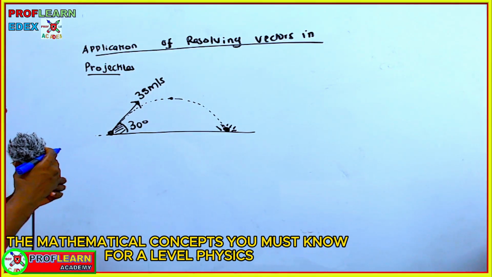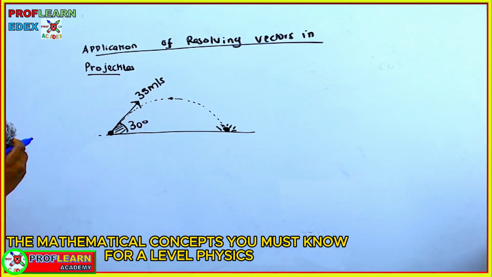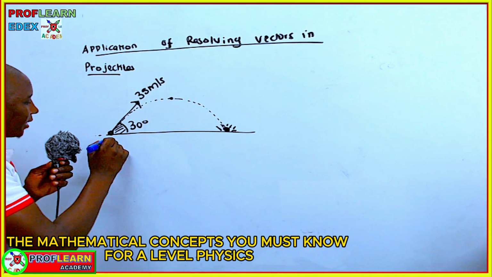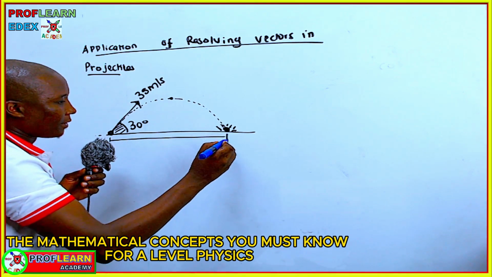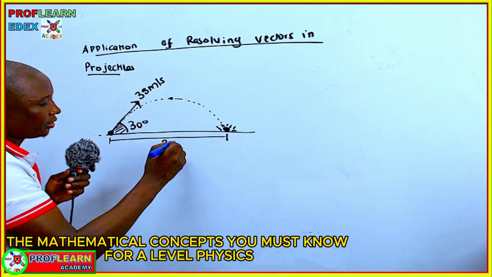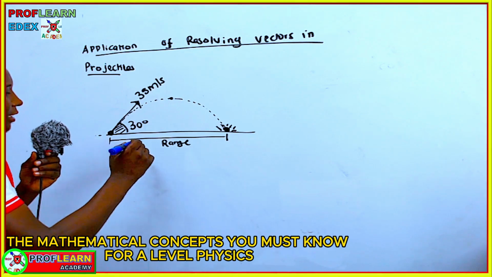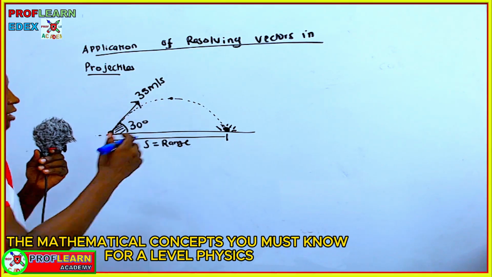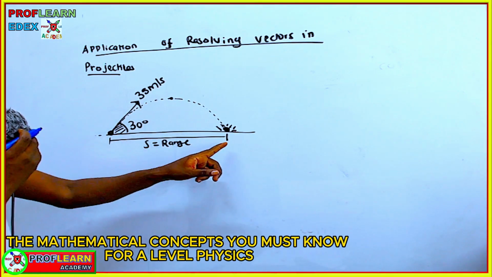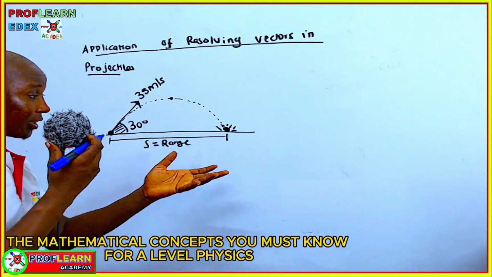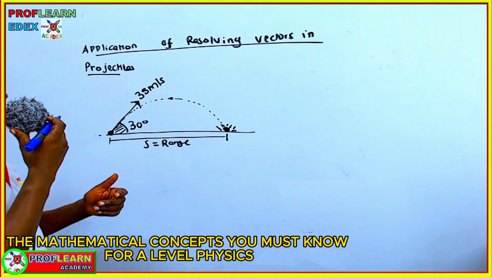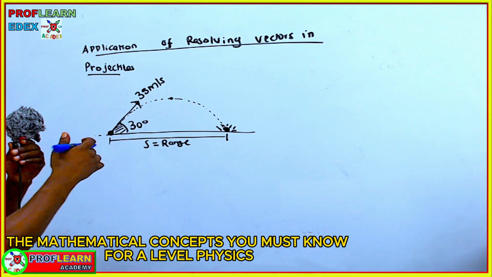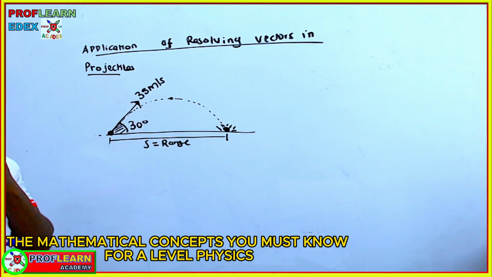And also you may be told to work out the range, meaning the distance s from the point of projection to where this object landed. Those are some of the questions you'll be asked. You may be asked, how long did it take to reach the maximum height?